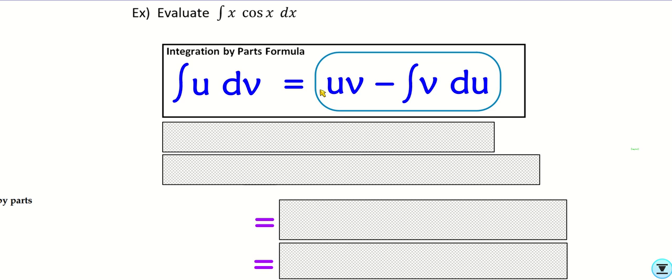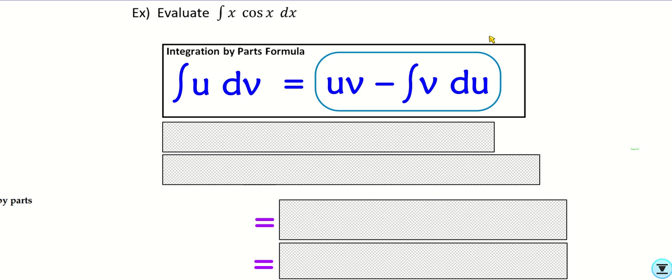Say that enough times and it'll start to naturally fit into your memory bank, hopefully. But here's what basically happens. We have to take our original integral and figure out, okay, if integration by parts is going to work, what is my u part up here and what is my dv?